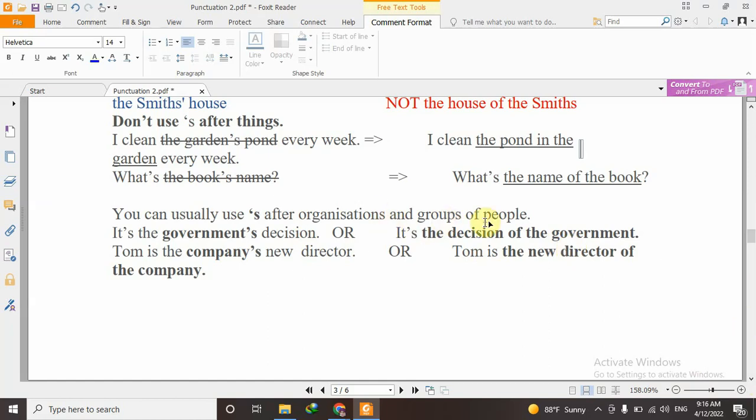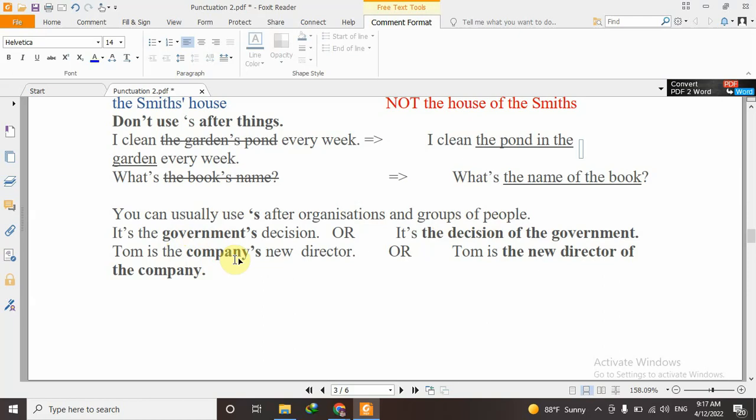Where are these groups of people? In these words: government, company, and what else can we use? Community, the committee, the staff community. So who is making the staff community? People, of course.